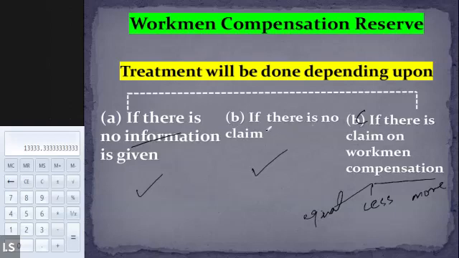If the question is stating that there is no claim made by the employees regarding the workman compensation, then in such a situation also we need to divide the entire amount of compensation reserve among the partners in the profit sharing ratio. And if there is a claim, then such claim can be equal to the reserve, can be less than the reserve, or it can also be more than the reserve.